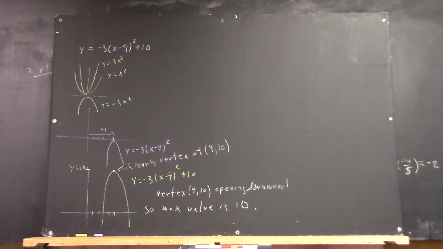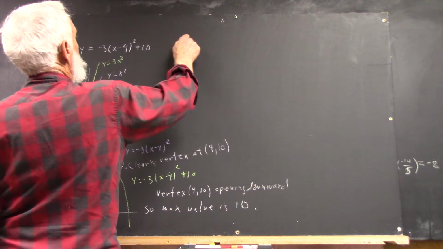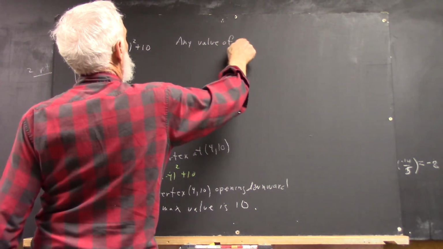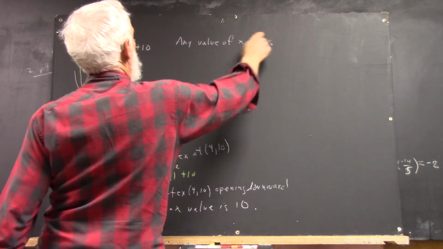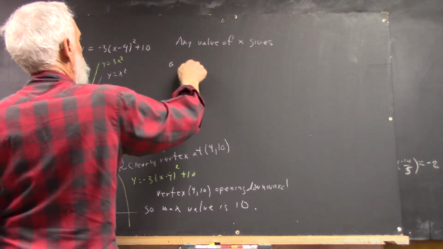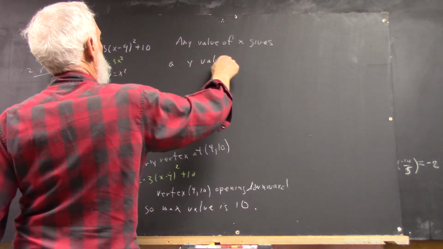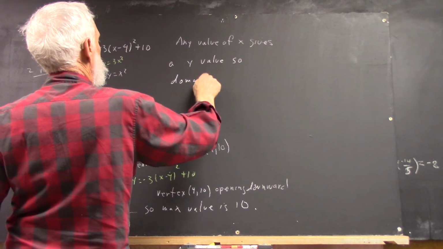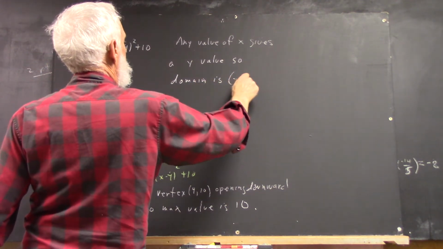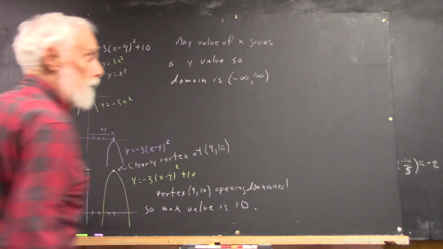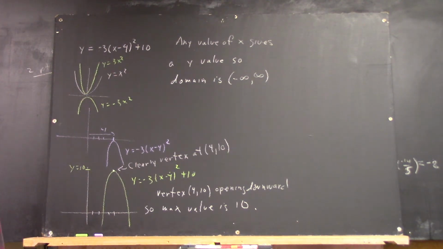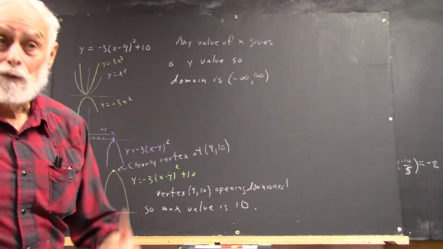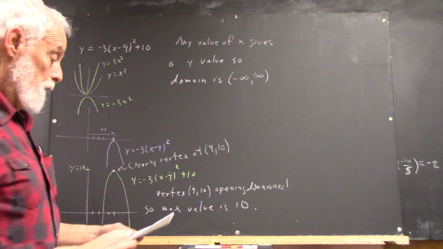So any value of x gives a y value, so the domain is negative infinity to infinity, isn't it? Any x, that means the interval negative infinity to infinity.